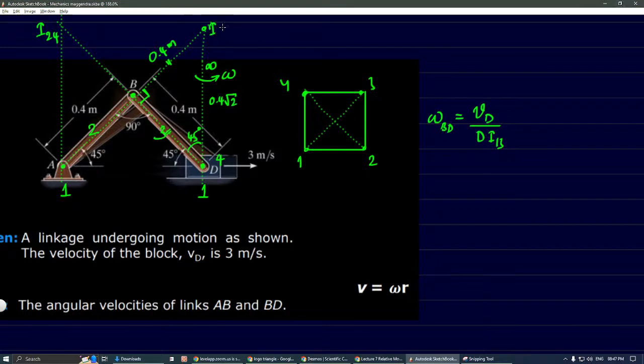In your book, it is written as just IC, and here also I can just write IC. Velocity at D is 3, then this length is 0.4 times root 2. So find this, you will get omega.